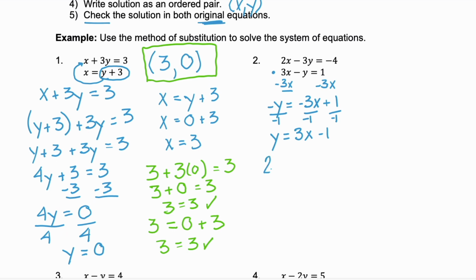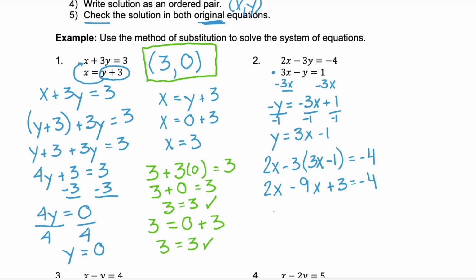So we would have 2x minus 3 times y, which now is (3x minus 1), equals negative 4. We're going to distribute that negative 3. So 2x, negative 3 times 3x is minus 9x. Negative 3 times a negative 1 is a plus 3, equals negative 4.